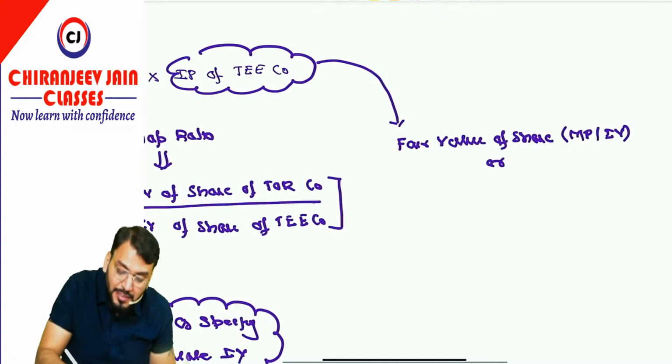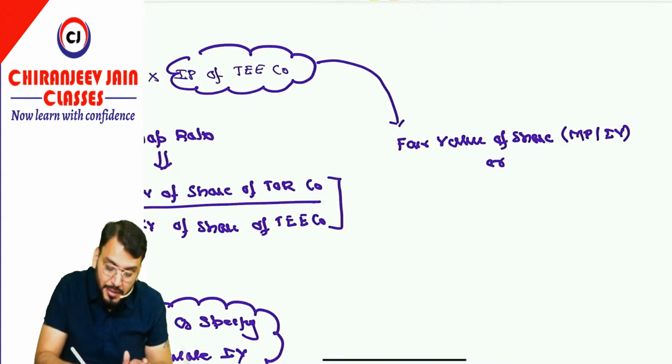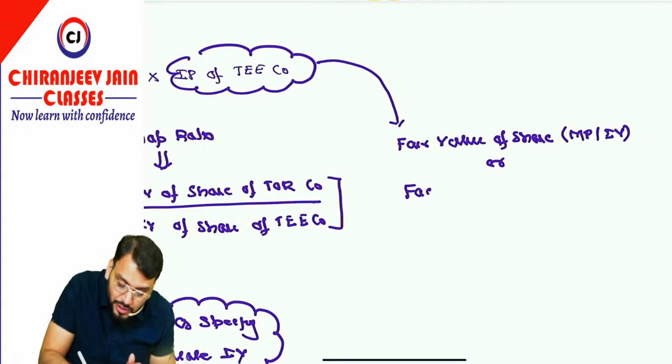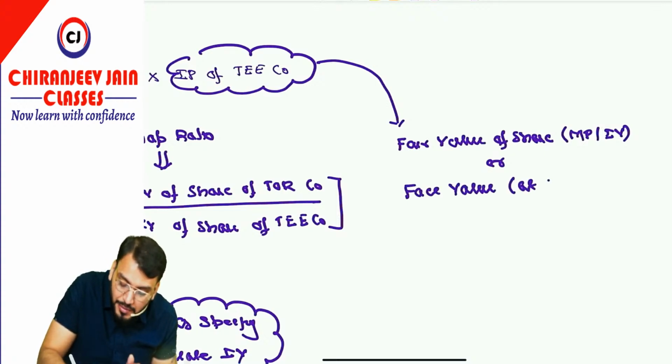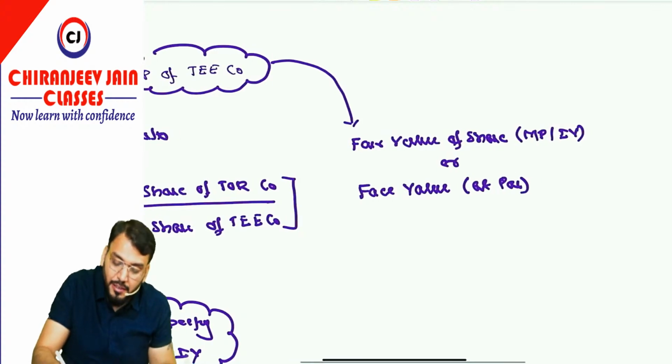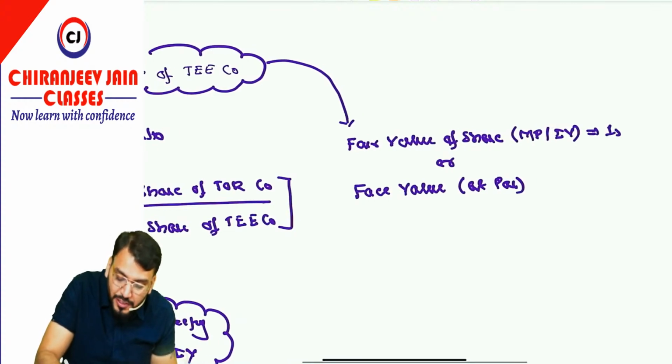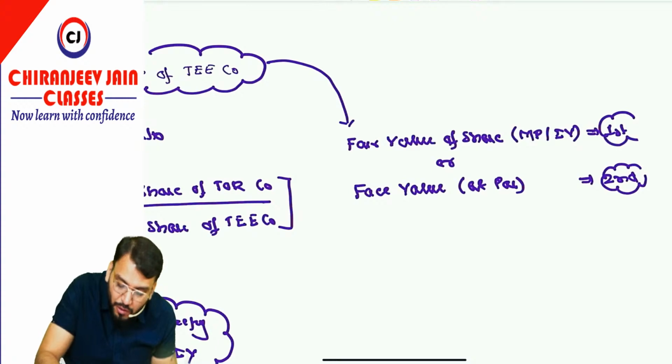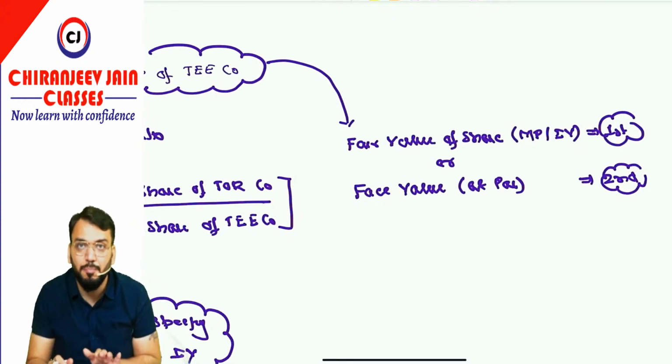If that is not given, then we will assume that shares are issued at par. Par means face value. That assumption we will take. So this is the first preference when the issue price is not given, and this is the second preference. This is the overall understanding of the calculation of purchase consideration.